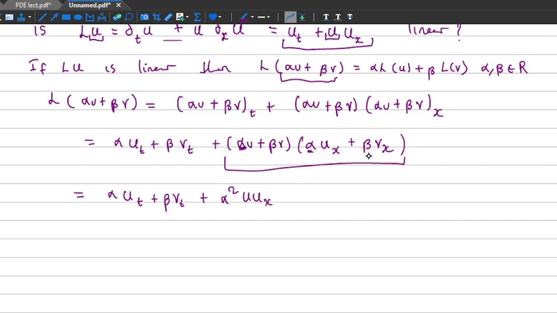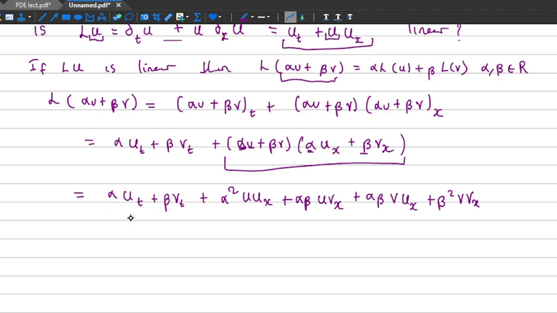Then alpha times beta will be plus alpha beta u v_x. We come to beta. Beta times alpha will be plus alpha beta v u_x. Then beta times beta will be plus beta squared v v_x.